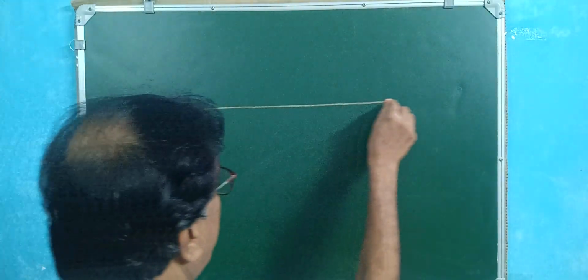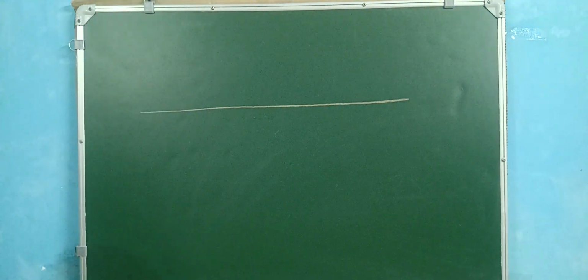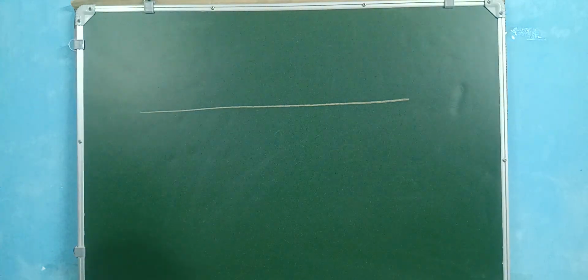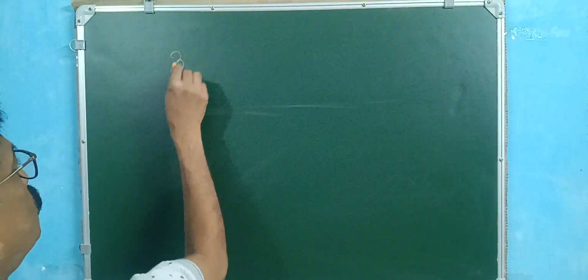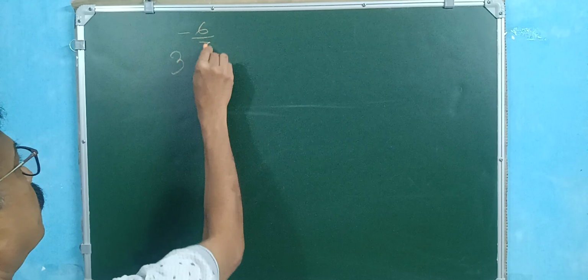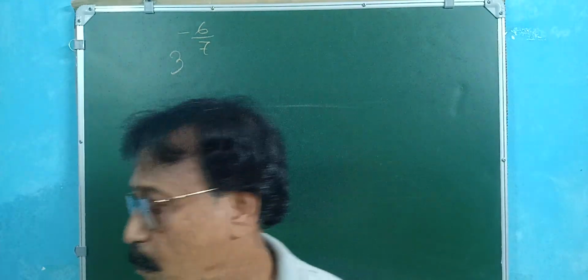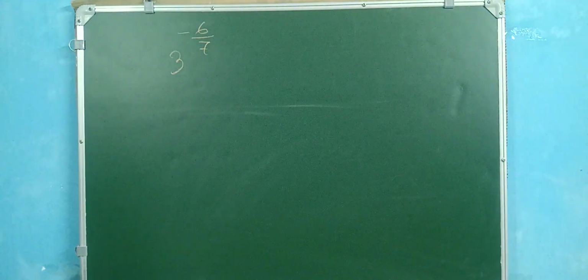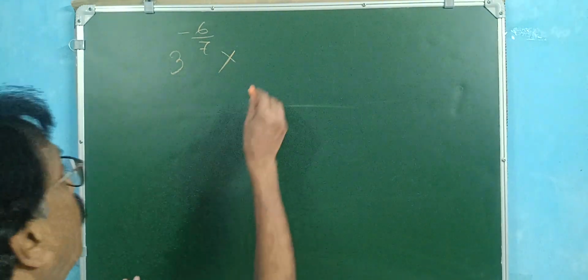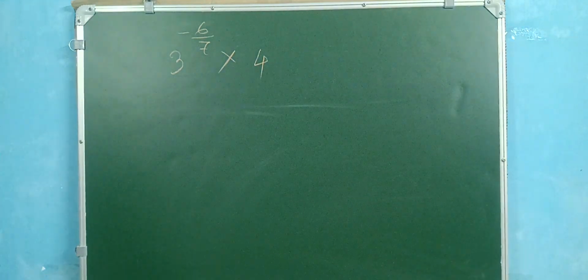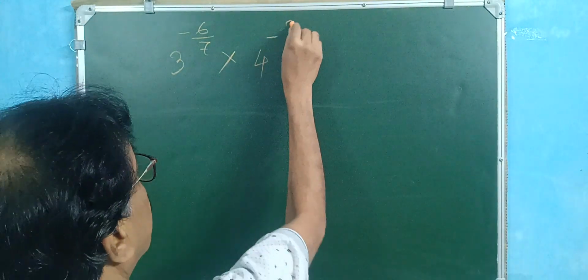Now here, one sum is, here is the main line. This is 3 to the power minus 6 by 7, into 4 to the power minus 3 by 7.